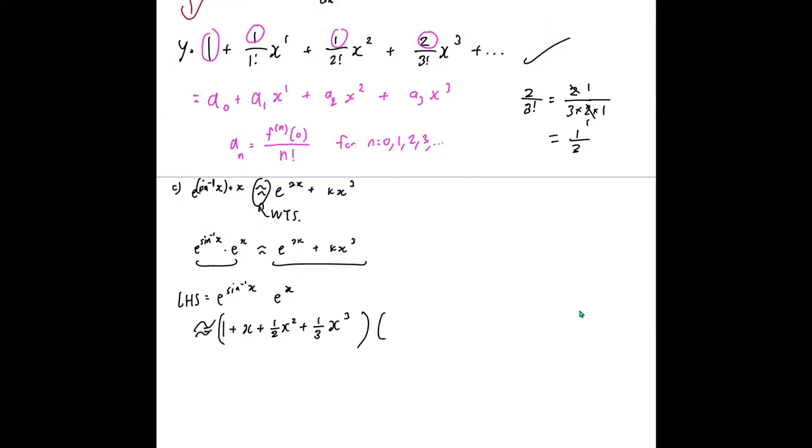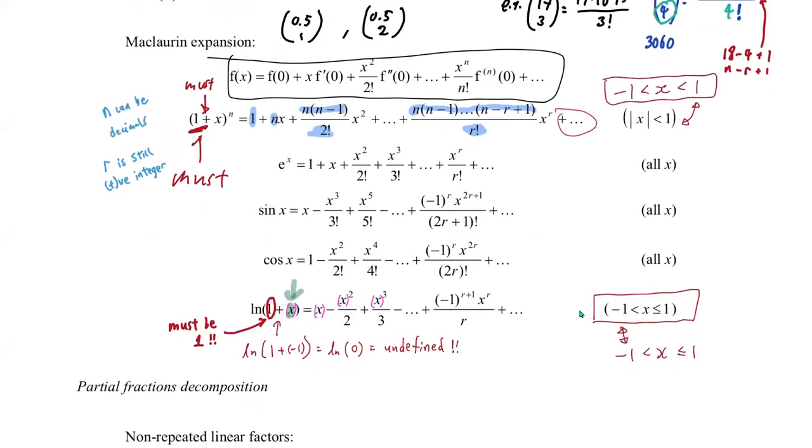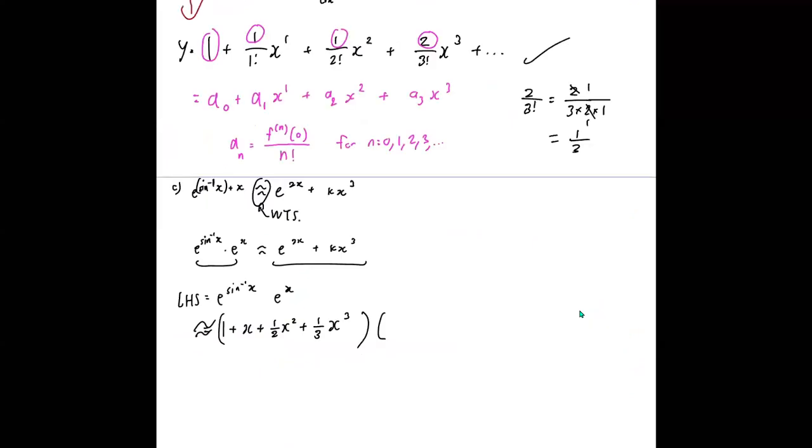And e power x, you have to use the MF26. So in the MF26, you see e power x is equal to 1 plus x plus x squared over 2 factorial plus x cubed over 3 factorial over here. Right? Then I'll just copy.